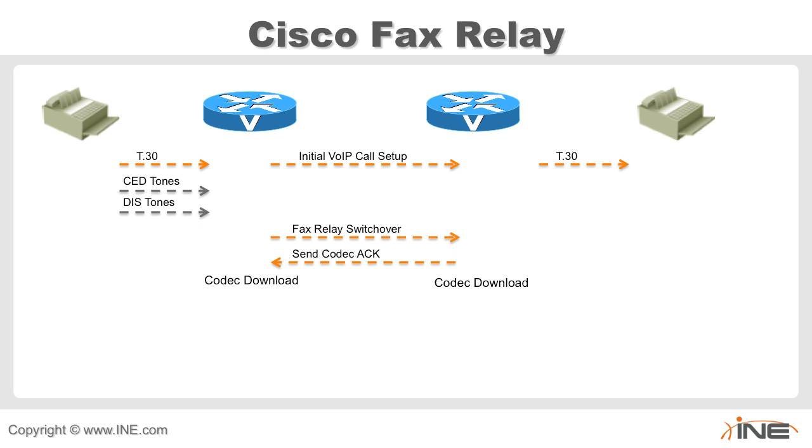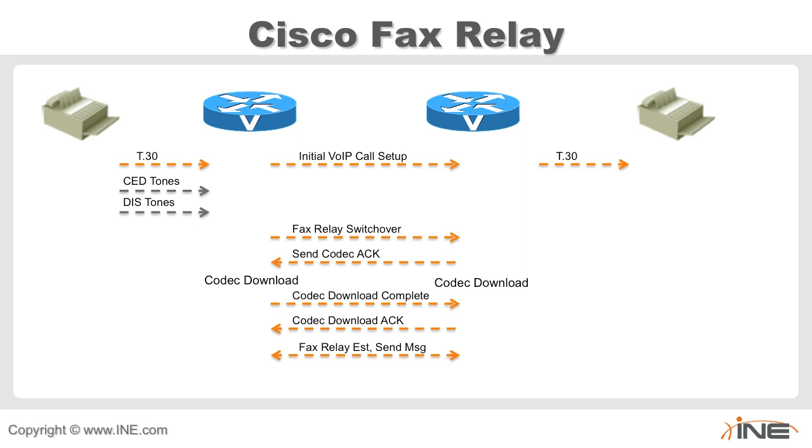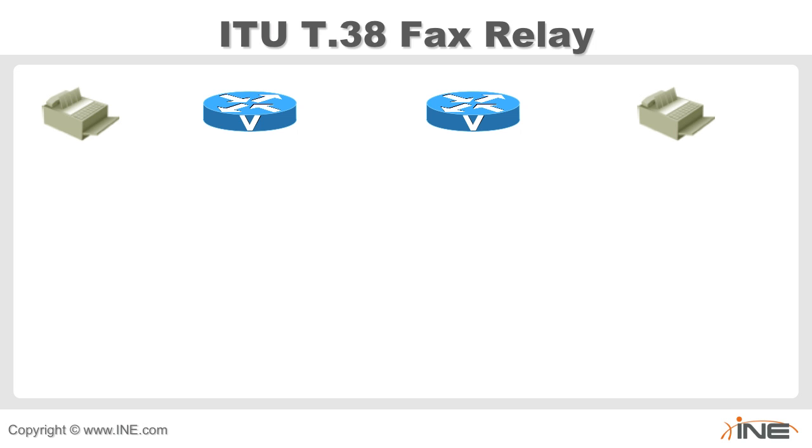The codec deals with the specific relay, and there's a download. We send the download complete acknowledgement, and then the fax relay is established, and we send the message out of band in that reliable relay.